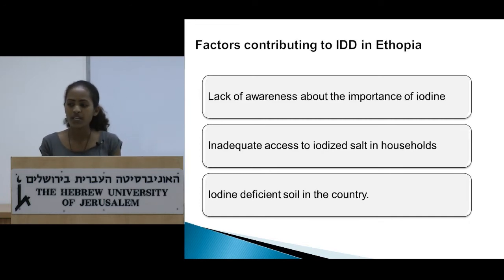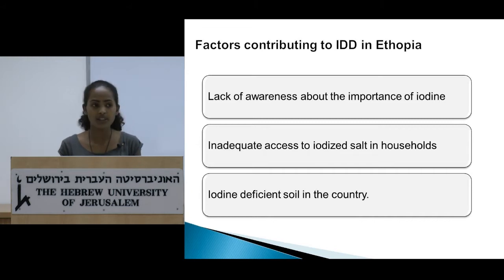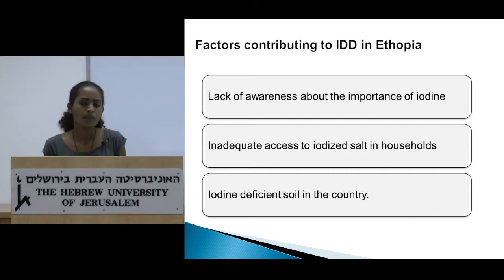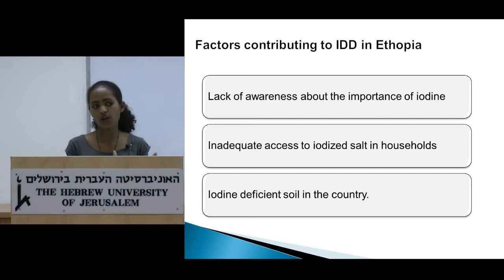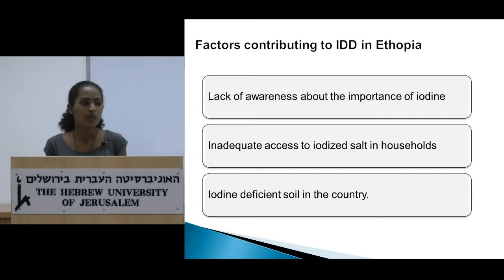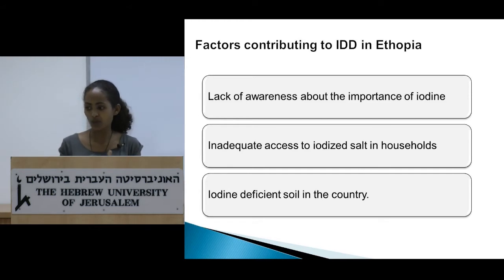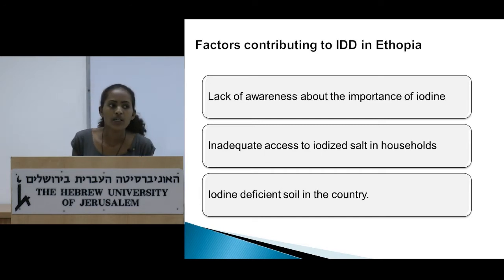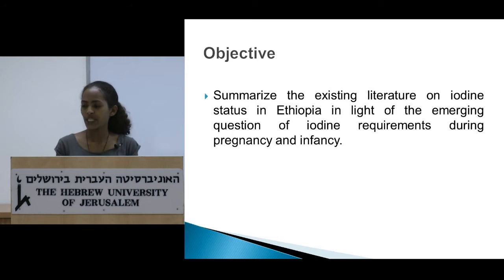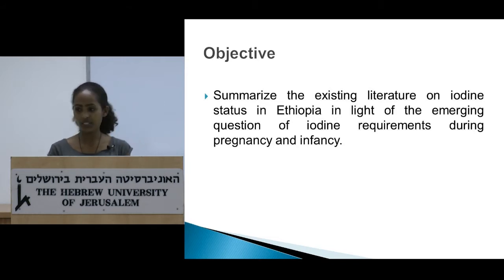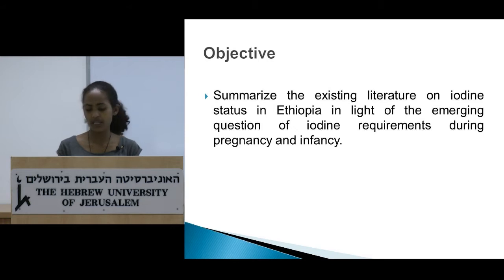The third could be iodine deficient soil in the country, as I mentioned earlier. Especially populations living in the highland areas are more prone to iodine deficiency because of the iodine deficient soil. Therefore, the objective of this review was to summarize the existing literature on iodine status in Ethiopia in light of the emerging question of iodine requirements during pregnancy and infancy.